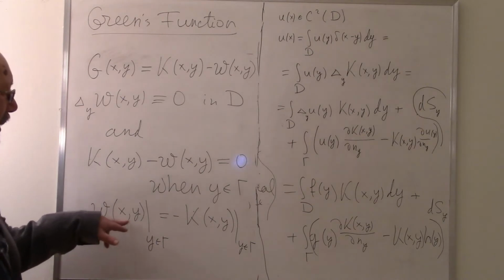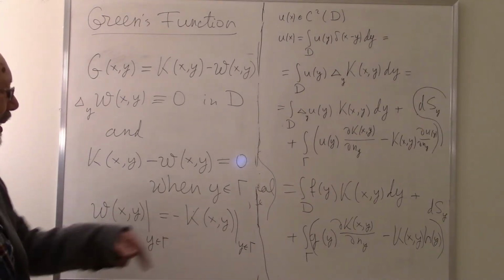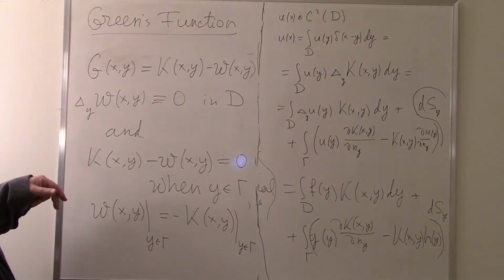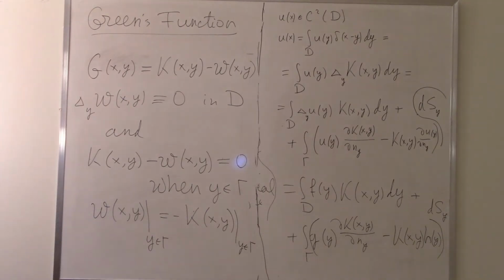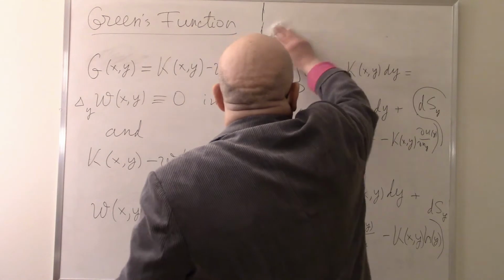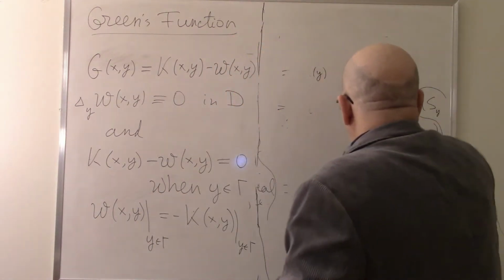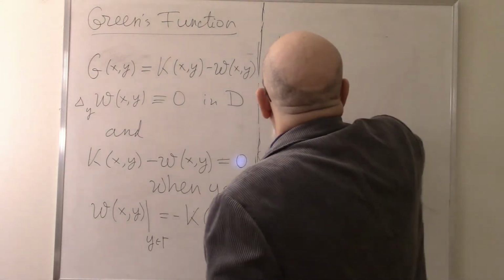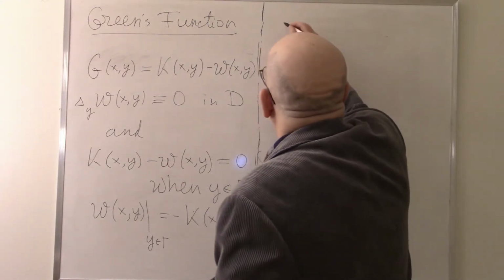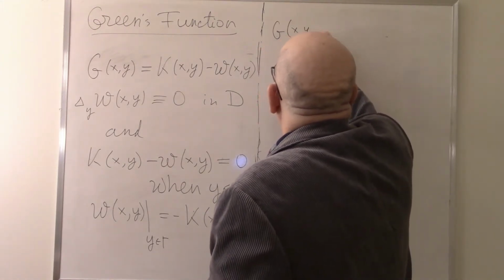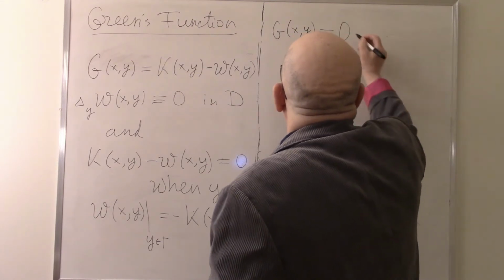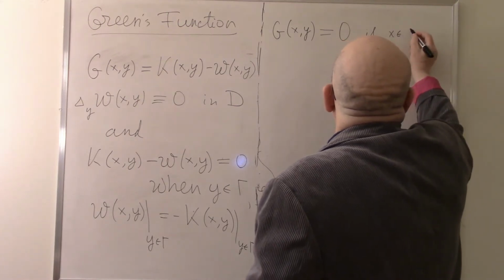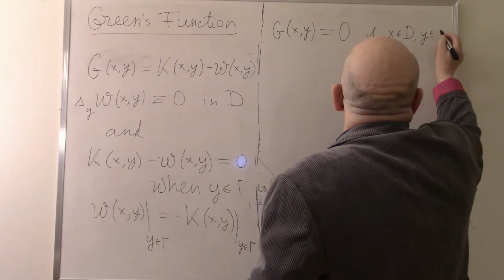So x is inside, y is on gamma, and so g of xy equals 0 if x in D, y on gamma.